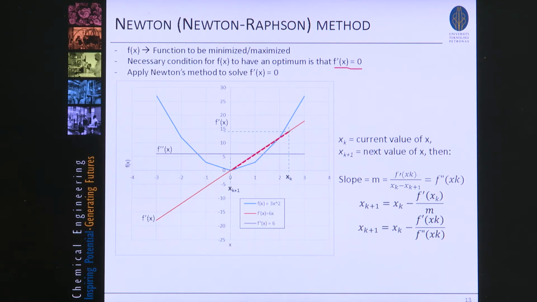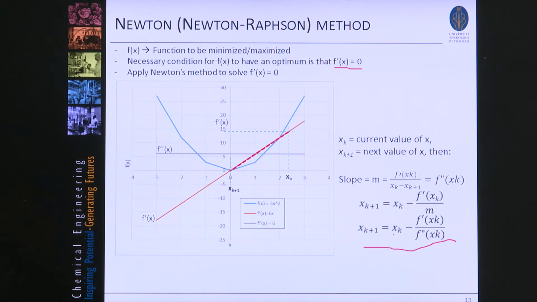The slope of this line is then f'(xk) minus f'(xk plus 1), which equals 0, divided by the delta x from here to there. So this is the slope, and this equals the second derivative. If we rearrange this to get the new x, we get this and then that. Just to rearrange these equations.